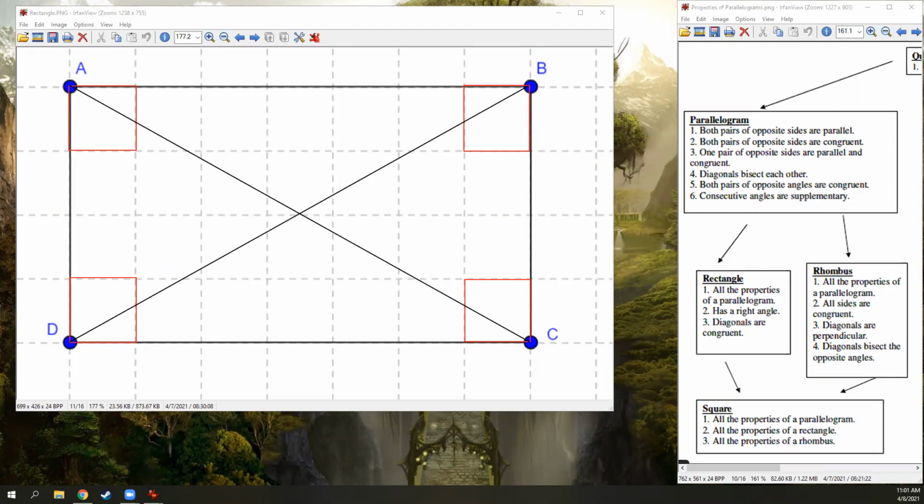So if there was a point in the middle and it had a letter, let's call it M. Okay. So in a rectangle, the diagonals are equal. In every parallelogram, the diagonals bisect each other. So AM is equal to MC, BM is equal to MD. Cool? I say cool because we're about to do a question on it.